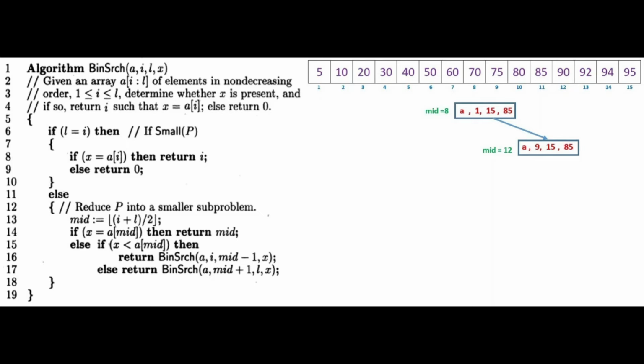The first recursive call is binary search of A comma I comma mid minus 1 comma x.